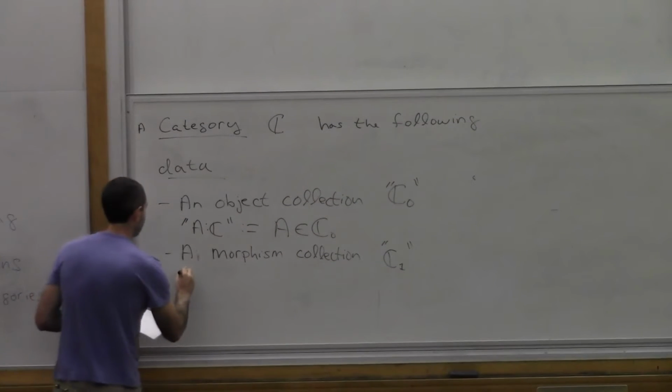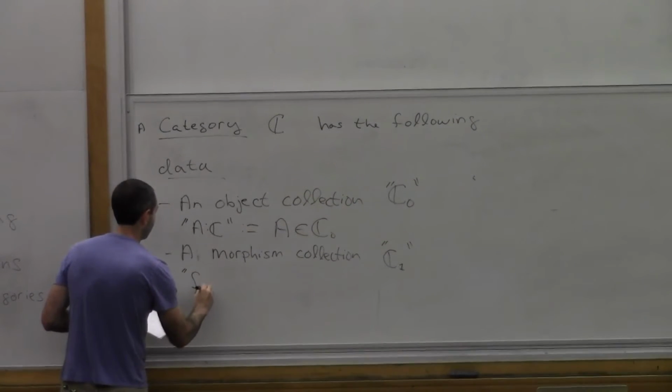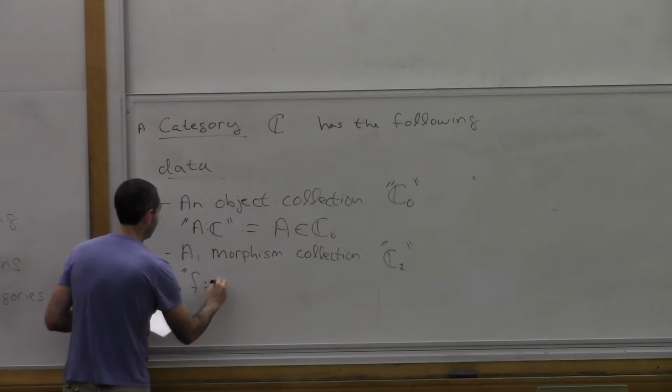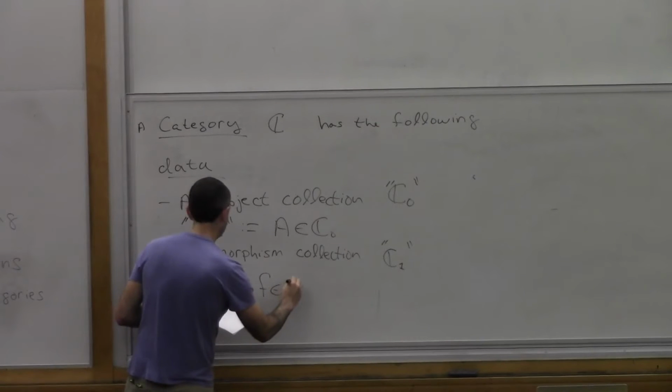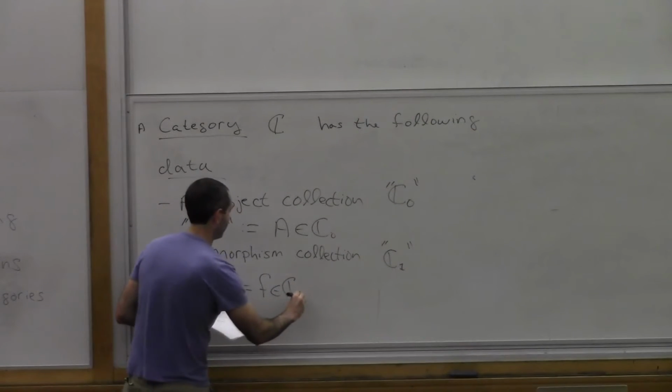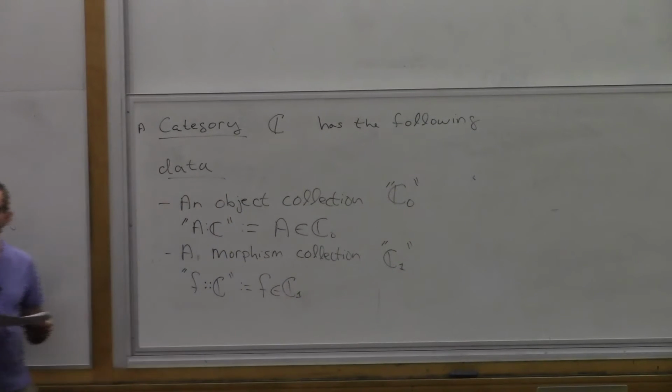And we write f double colon C to mean that f is in the arrow collection. Okay? So 0 and 1 as descriptions mean that 1 is the object.